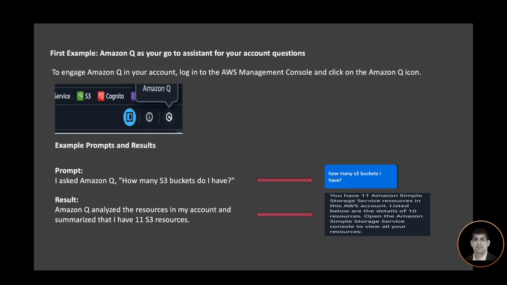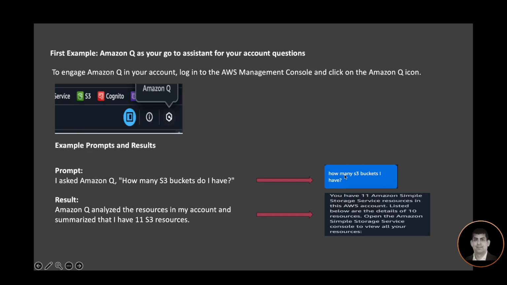First, to engage Amazon Q in your account, like I said, Amazon Q is already there. You will see this icon. You just click here, accept the conditions, and it should be ready to go. Then you provide a prompt. In this example, I am asking Q how many S3 buckets I have.